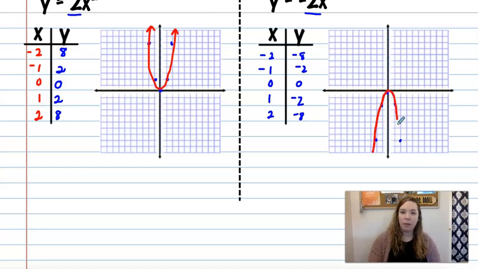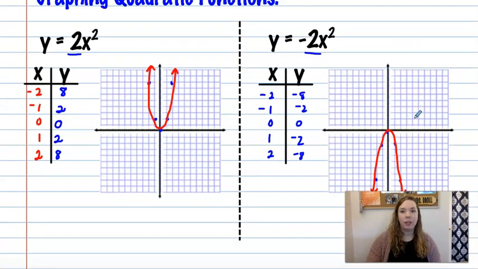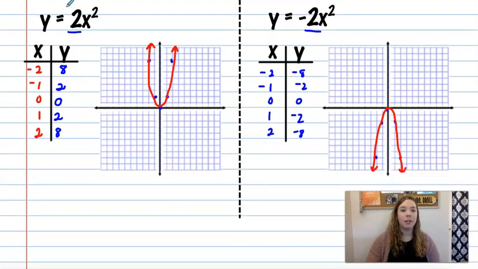The main thing we wanted to show here, or why we did two that are almost identical, is the only difference here is the sign in front of our x squared. But this positive one opens up and this negative one opens down.